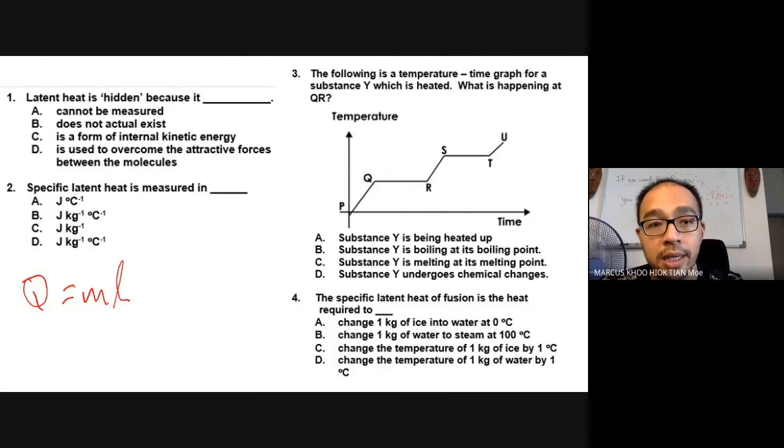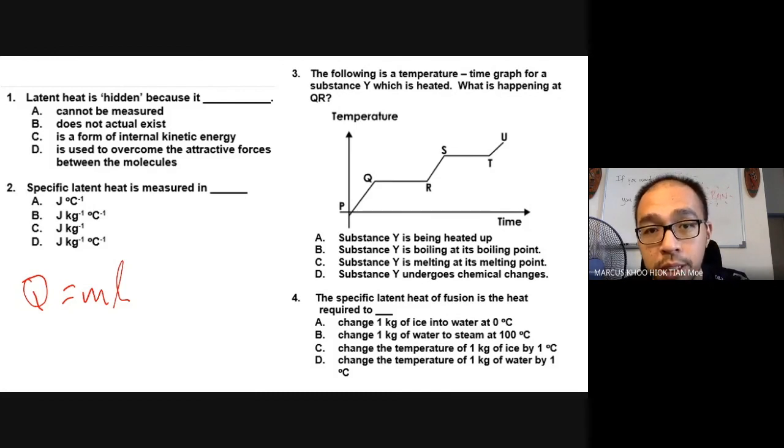Remember, if it is the heating curve like the one that you see over here, whenever there is a flat line, it means that the heat there is being used to break the bonds between the molecules, break the molecular bonds. Because of that, the heat that is involved here is called the specific latent heat, because it involves a change of phase with no change in temperature.